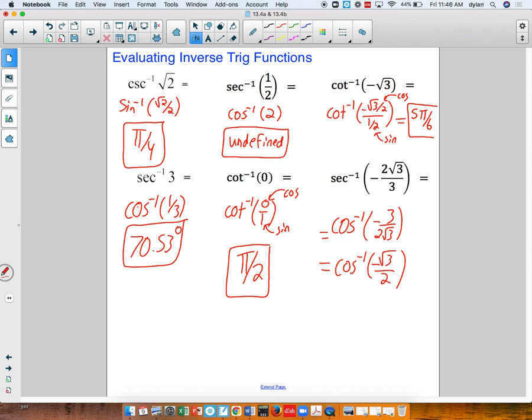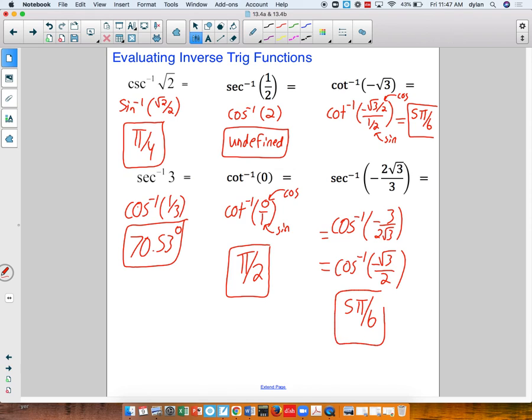Because all we're doing here is undoing that rationalizing bit a little. And these two clearly are equivalent, because if you multiply by √3 over 3, you end up with the other one. So then the cosine inverse of -√3 over 2, well, that happens at pi over 6 as your reference angle. Cosine is allowable in the first and second quadrants, as is secant. So our answer here would just be 5 pi over 6.